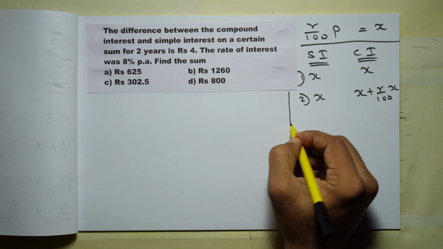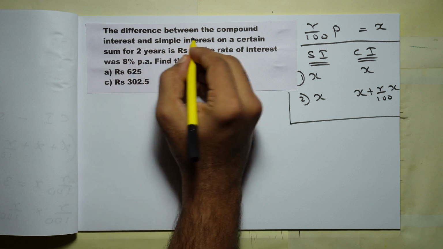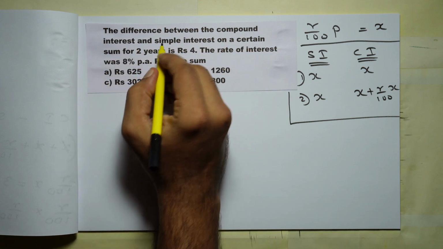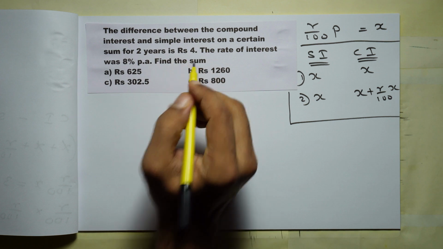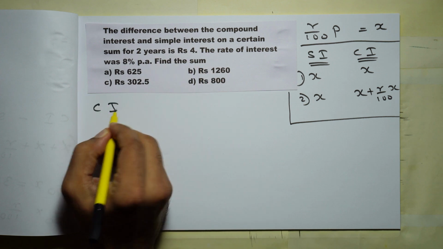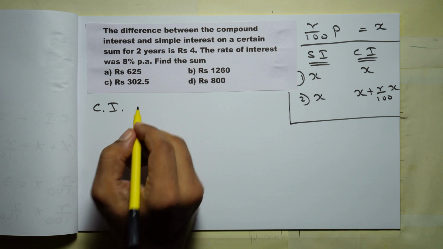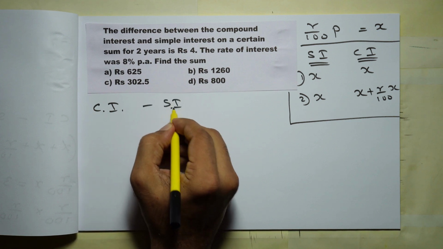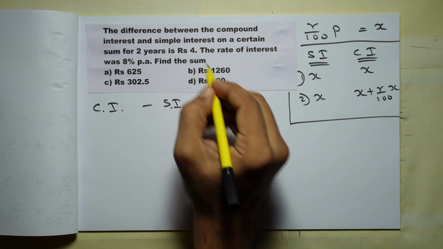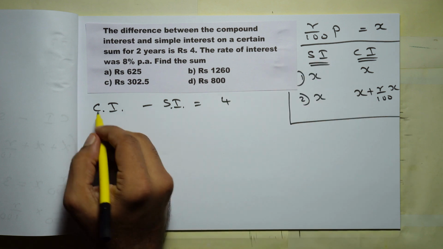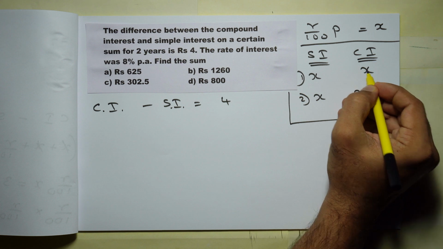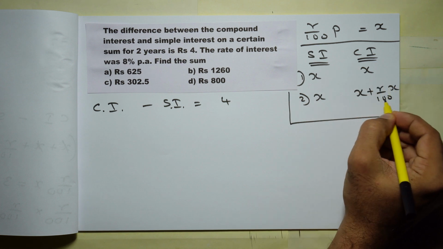Now if you look at the first statement, the difference between the compound interest and simple interest on a certain sum for 2 years is rupees 4. So compound interest for 2 years, I'll take it as CI, minus simple interest for 2 years, and that difference is equal to 4. So we'll just substitute the values here. Now compound interest for 2 years, that is x plus r percent of x.